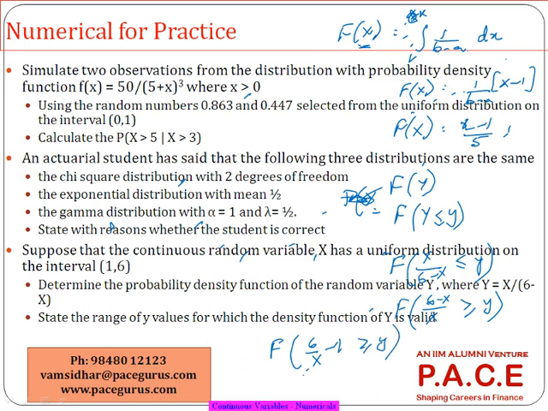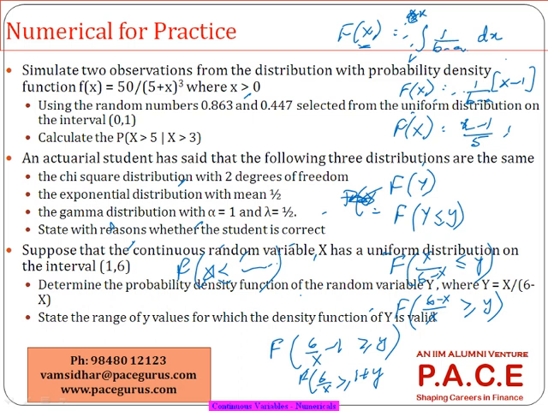So 6 by x greater than or equal to 1 plus 1 by y. So finally I am able to write this as x less than or equal to something.